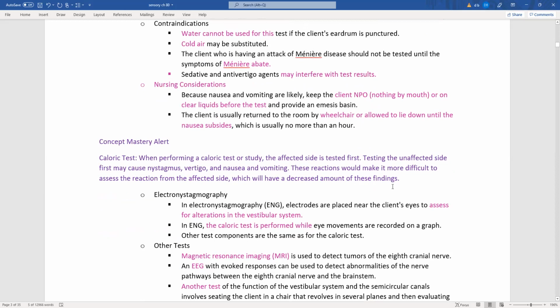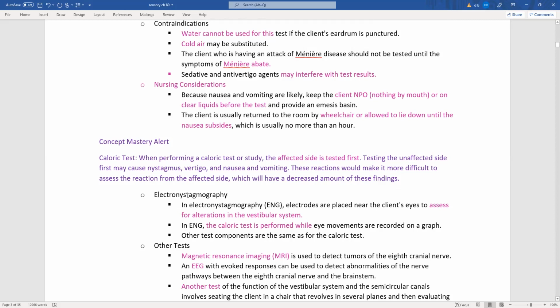So the affected side is tested first. Testing the unaffected side first may cause nystagmus, vertigo, nausea, and vomiting, making it harder to assess the affected side, which will have a decreased amount of these findings.